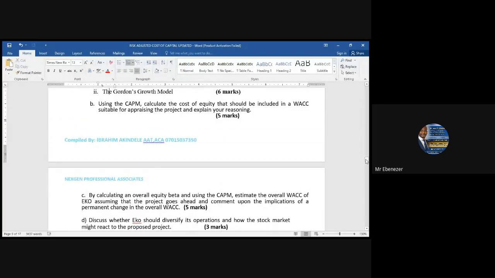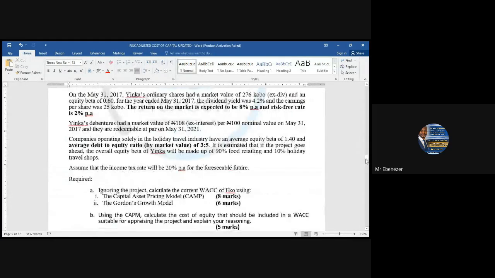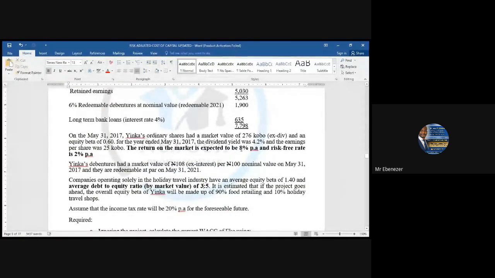Now you should not forget that in this part of the question, we're told that if the project goes ahead, the overall equity beta of the company will be made up of 90% of what we had here. Where is the equity beta of this company? 0.60.